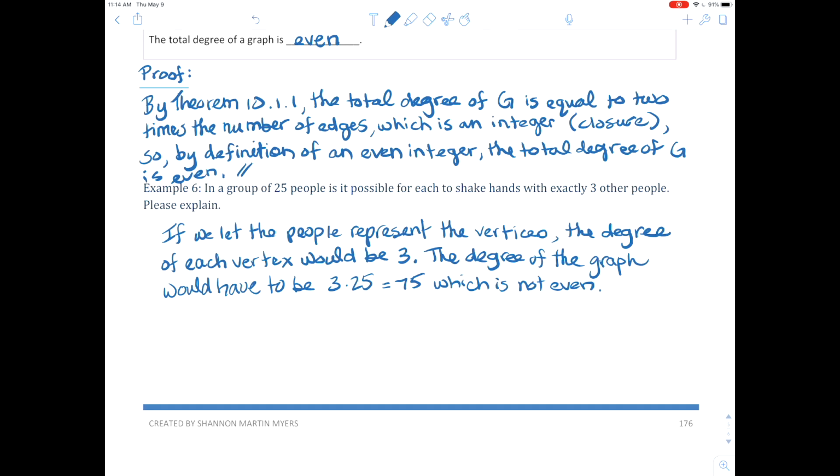So this contradicts our corollary, right? So we would say the answer would be nope. I mean, the whole thing's the answer, but no, it's not possible because you don't get an even degree for the graph.